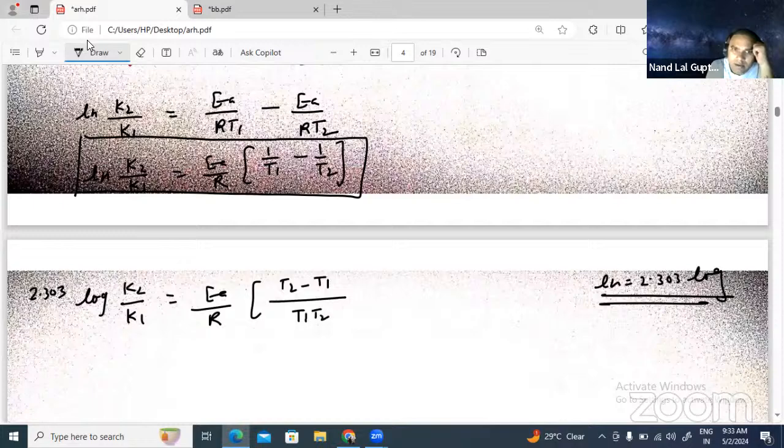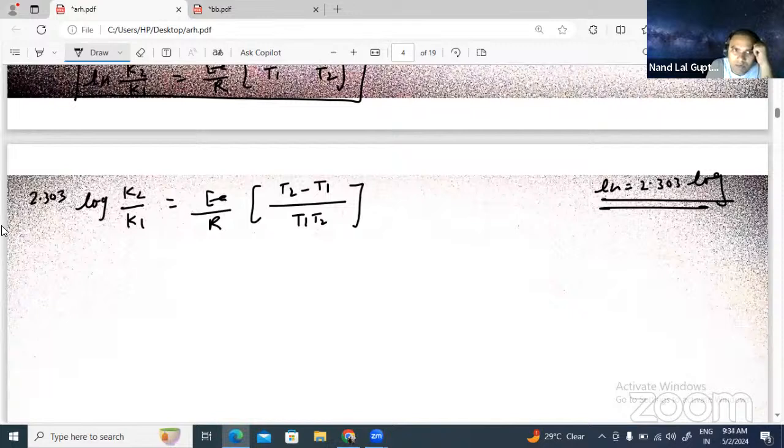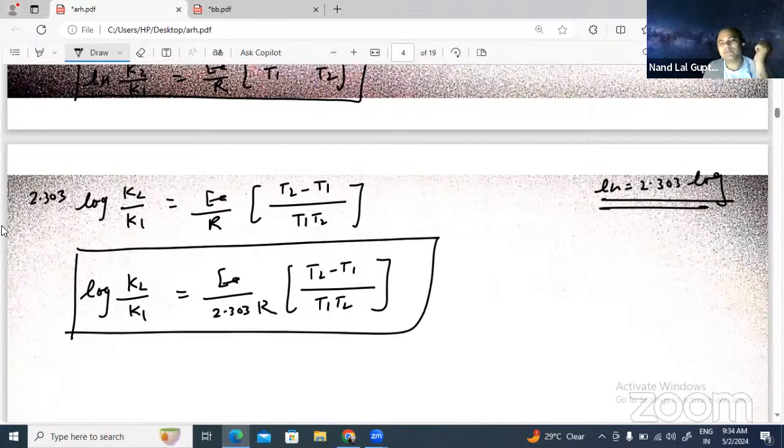Now we can send the numeral value to the other side. So log K2 by K1 equals EA upon 2.303 R times T2 minus T1 upon T1 T2. This is the derived equation.